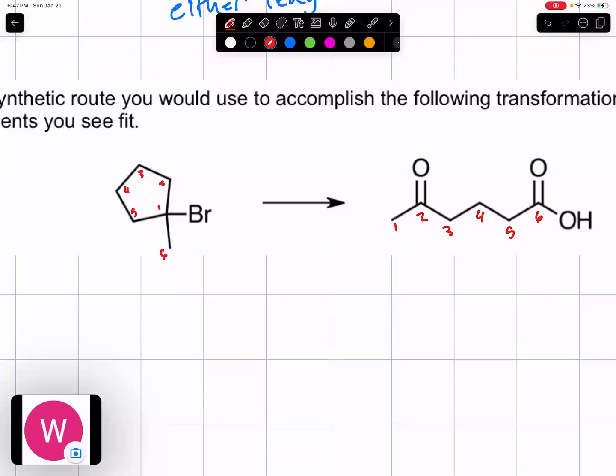I told you that we're going to break the ring. I've already explained that we can break a ring by using ozonolysis. But how did we learn to use ozonolysis? We needed something before we did ozonolysis. Does anybody have any ideas?